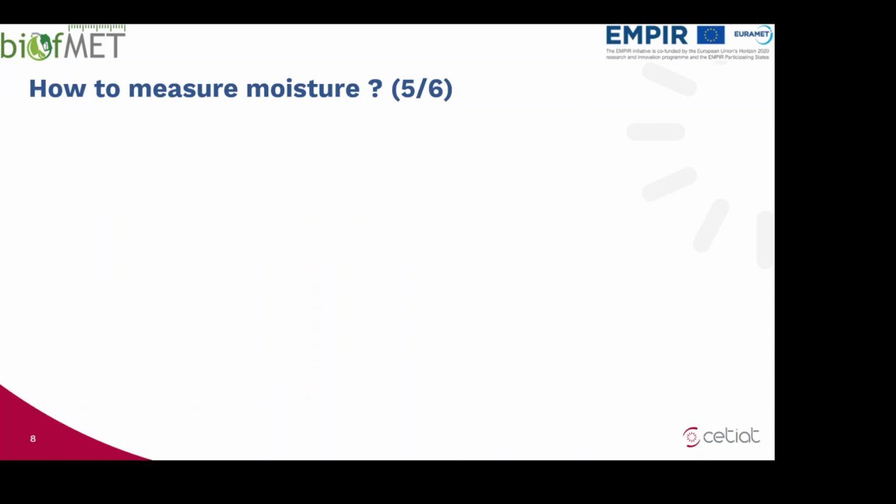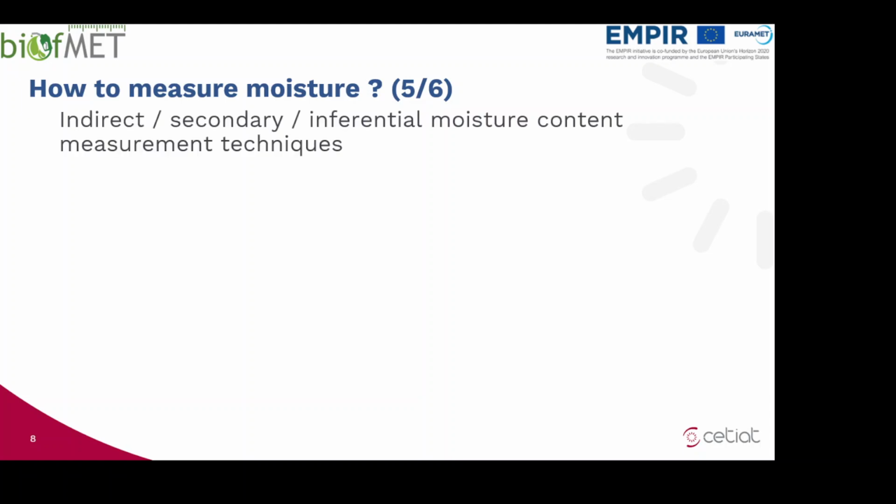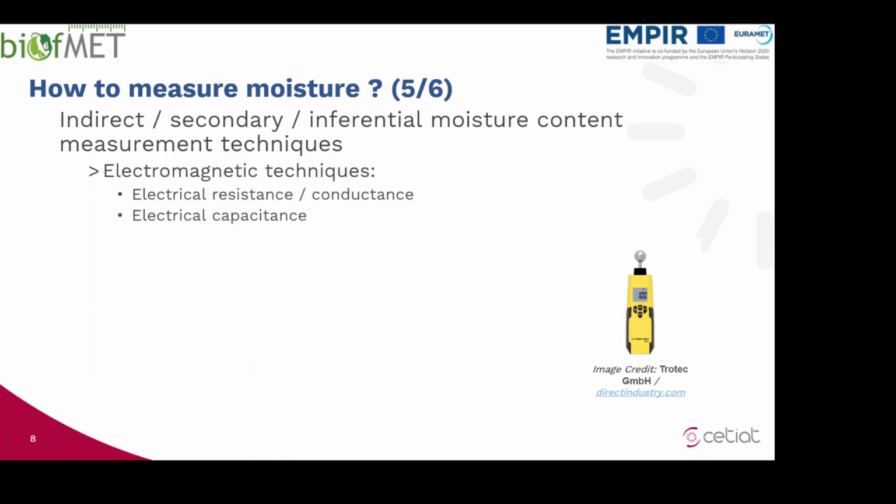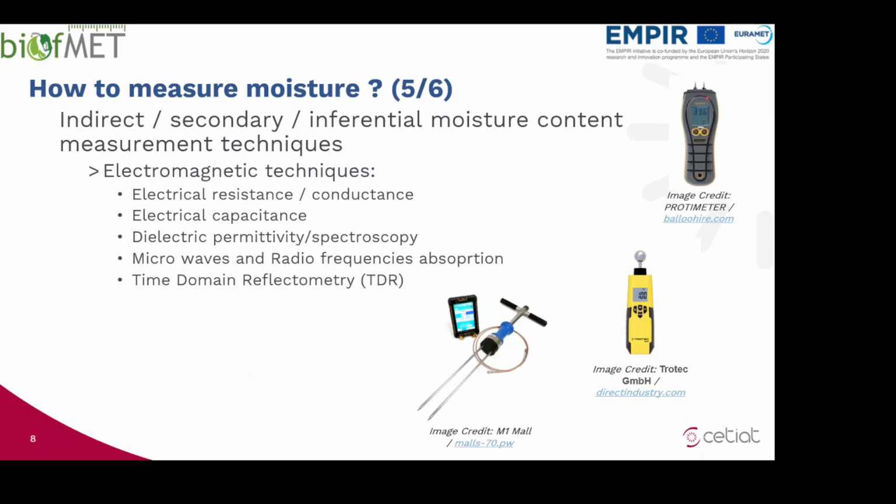Among the different families of indirect or secondary methods, various electromagnetic techniques can be used for moisture measurement, including those that utilize electrical resistance or conductance, electrical capacitance, dielectric permittivity, microwaves, radio frequencies, and time domain reflectometry.